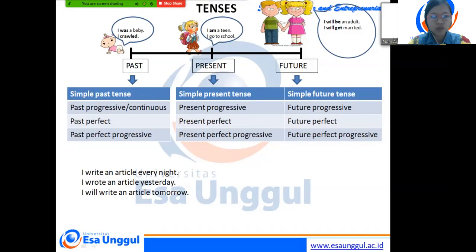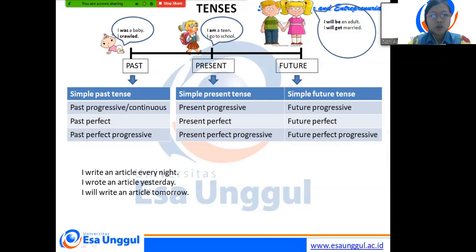So I will write. So it is simple future. The verb changes in present tense, past tense, and future tense.